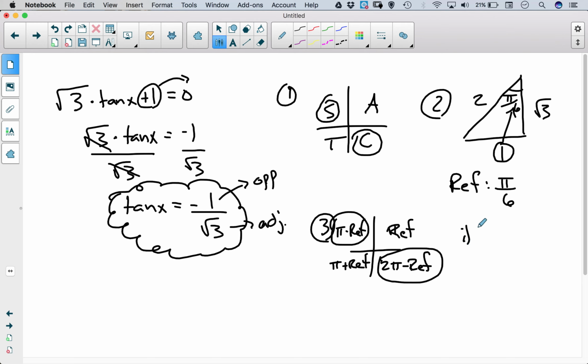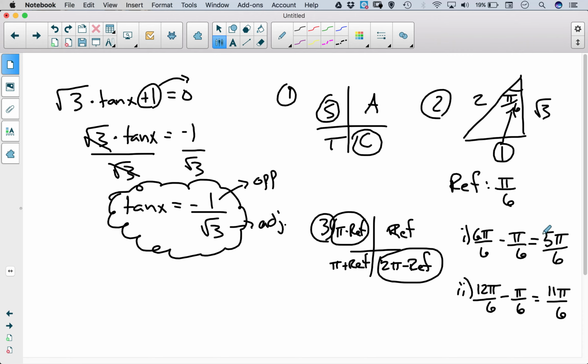So answer number 1, let's go with 6 pi over 6, that's just another way to write pi, minus pi over 6, is equal to 5 pi over 6. That's our first answer. And part 2 will be 12 pi over 6, which is another way to write 2 pi, minus pi over 6, is equal to 11 pi over 6. So x is equal to these two answers here.